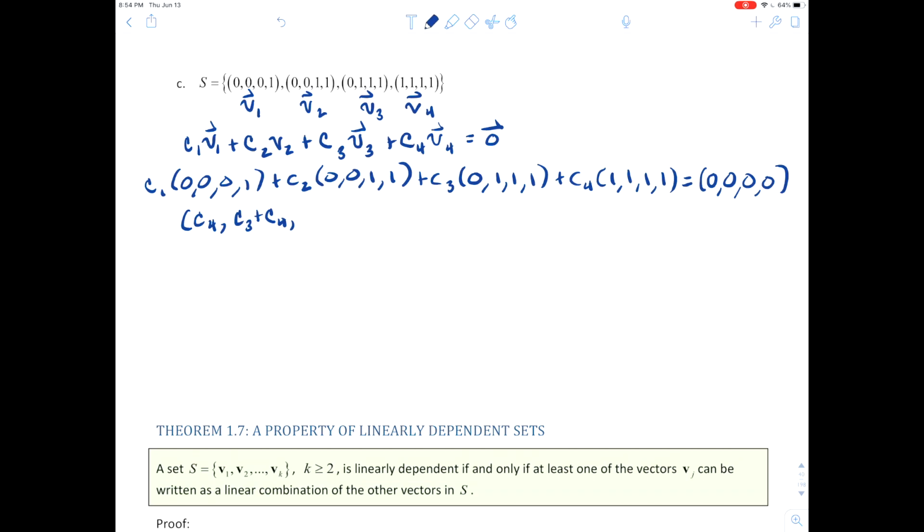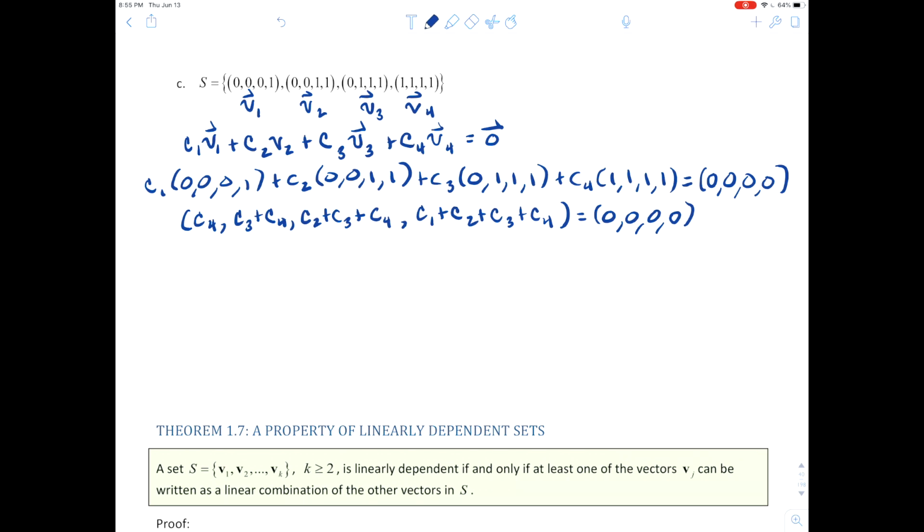Continuing, what's the next one going to be? 0C1 plus 1C2 plus 1C3 plus 1C4. Cool, cool. So that'll be C2 plus C3 plus C4. And then our next component will be C1 plus C2 plus C3 plus C4. Cool, cool. Equals 0, 0, 0, 0.